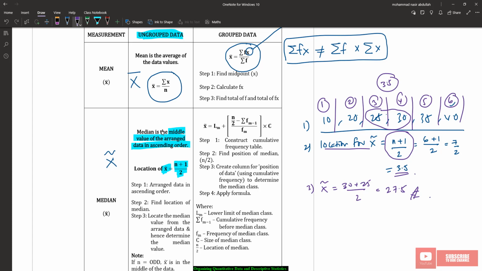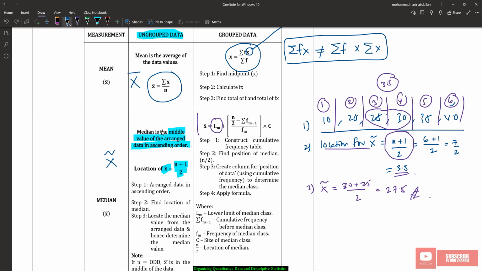Right? So for grouped data, this is the formula. Lower class boundary of the median class plus n divided by 2, meaning total frequency or summation of f divided by 2. So you need to change the formula here.